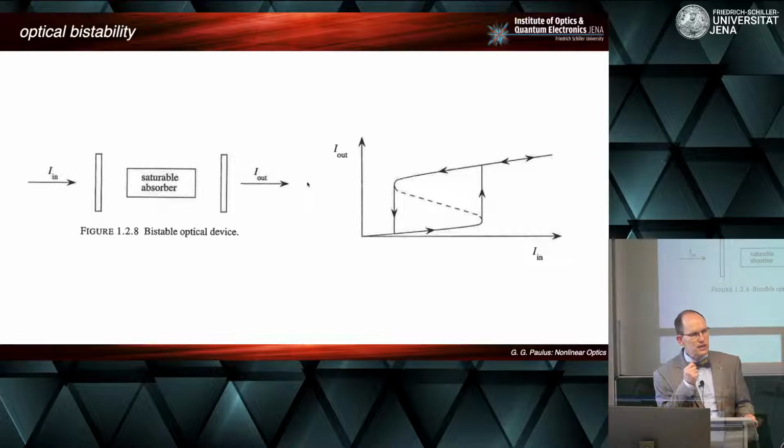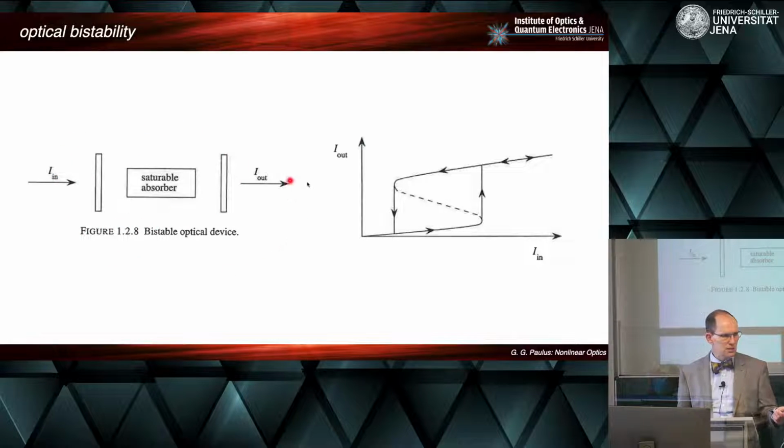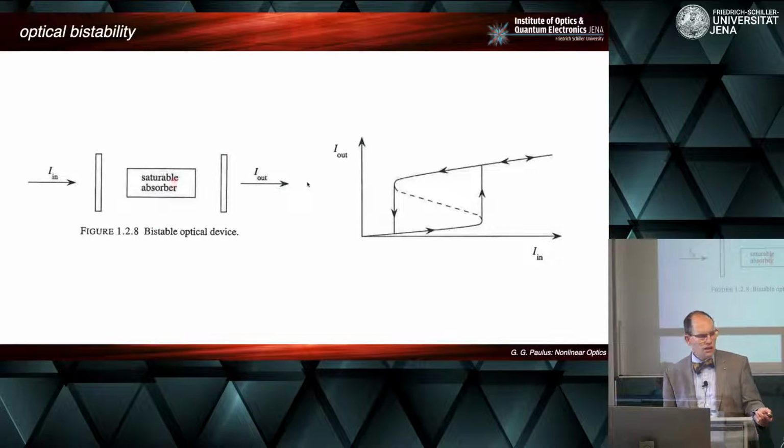But now the interesting thing comes when you go the other direction. So when you go in this direction, then, as I said, the light intensity in this resonator is larger than the input intensity, and so you still bleach it out, right? And therefore, you get this hysteresis behavior.